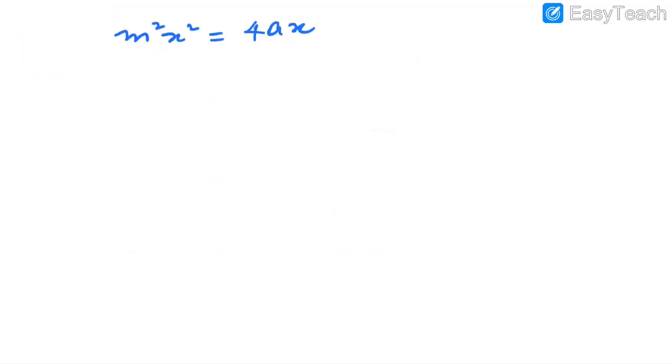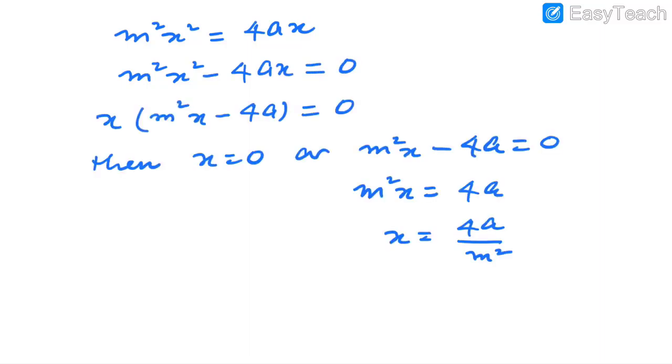So this can be written as m square x square is equal to 4ax. Now simplify, we write m square x square minus 4ax is equal to 0. Taking x common, x into m square x minus 4a is equal to 0. So simplifying, we get x equal to 0 or x is equal to 4a upon m square.